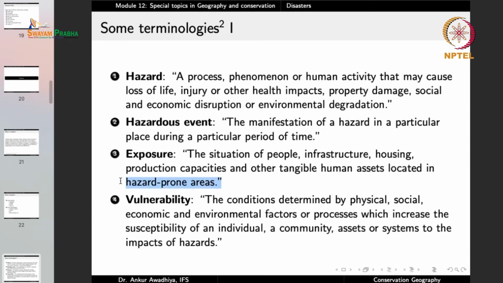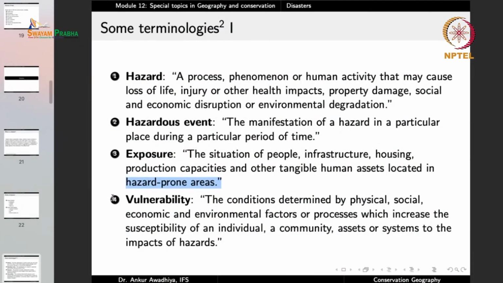Now, when we talk about hazard prone areas, then mostly in the case of things like a natural hazard, there are certain areas that have the hazard of flooding, and there are certain areas that are safe from flooding. Now, if you have a situation of flooding, then those areas in which you have the hazards and there are people, infrastructure, housing, production capacities, and other tangible human assets that are located there, then this situation will be known as an exposure, the situation of all of these being located in hazard prone areas.